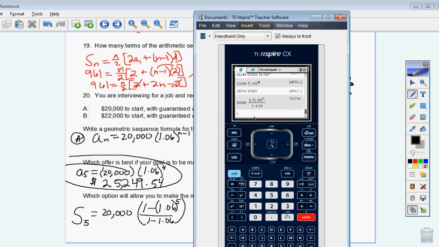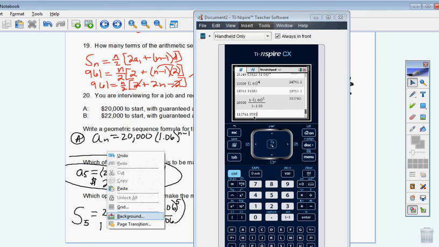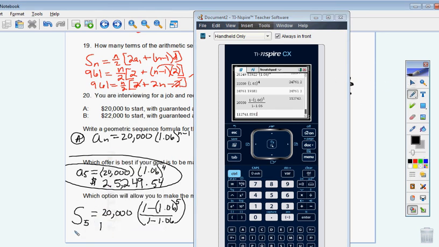But that's what I wanted, and over the life of the contract, it looks like I make $112,741.86. Okay, so over the life of the contract, I make $112,000, or at least over the 5 years.